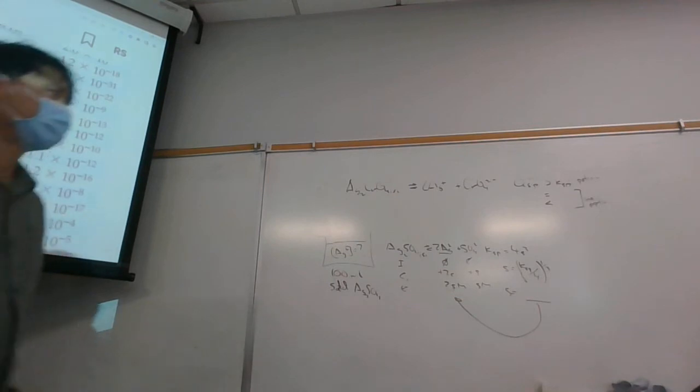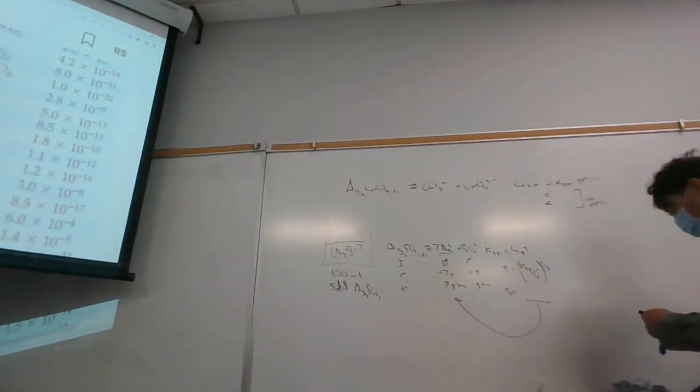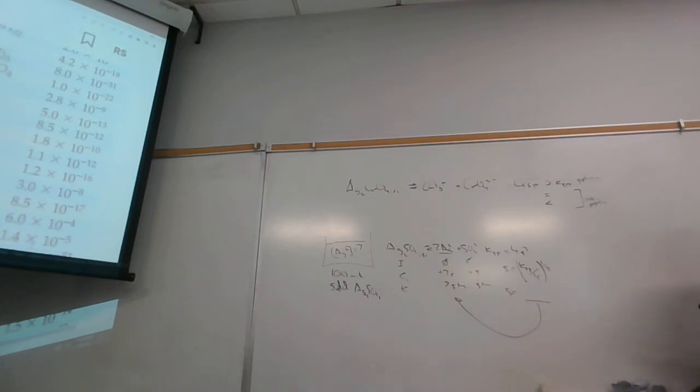The KSP is 1.4 times 10 to the minus 5. So what does it come out to? 0.01518.